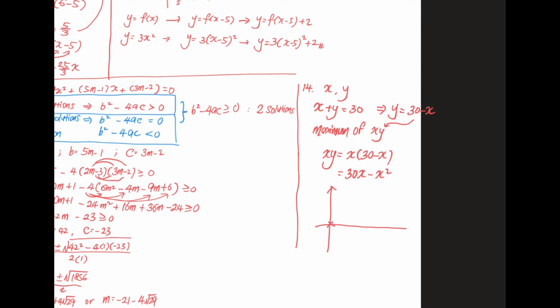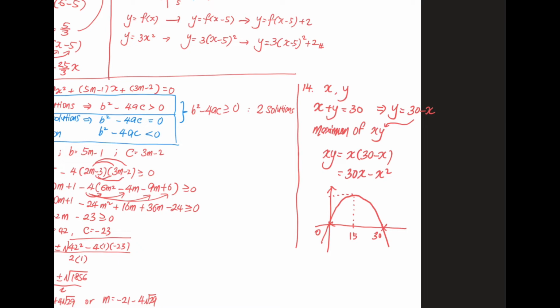So the roots are 0 and 30. So the graph is going to be like this. It has 0 and 30 as the roots, and then it will have 15 as the maximum.